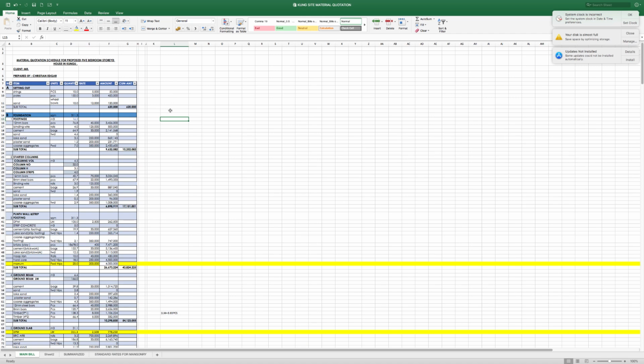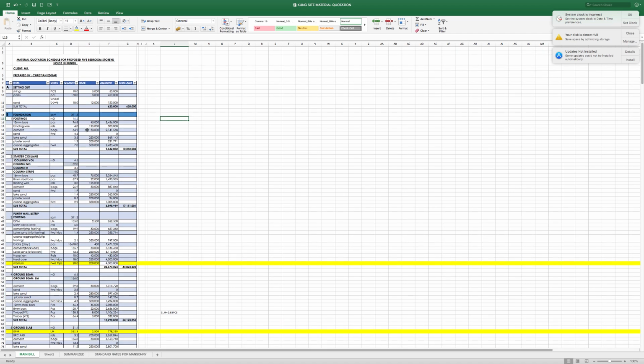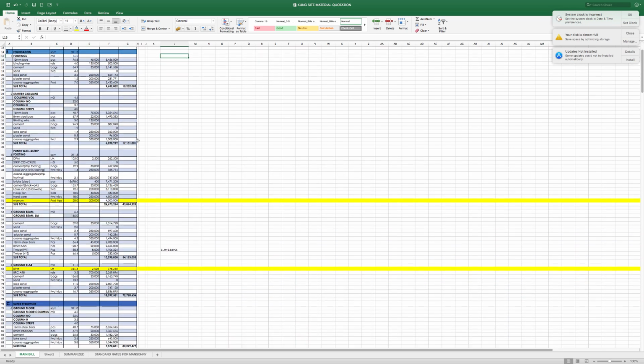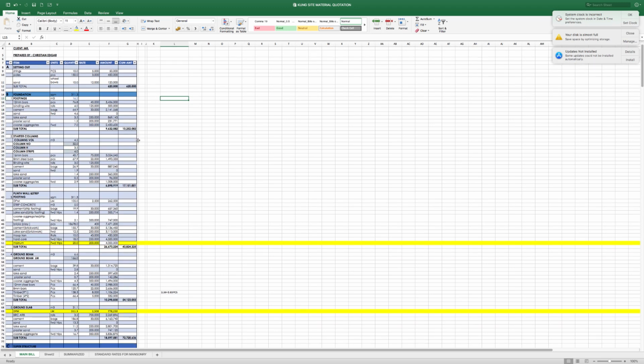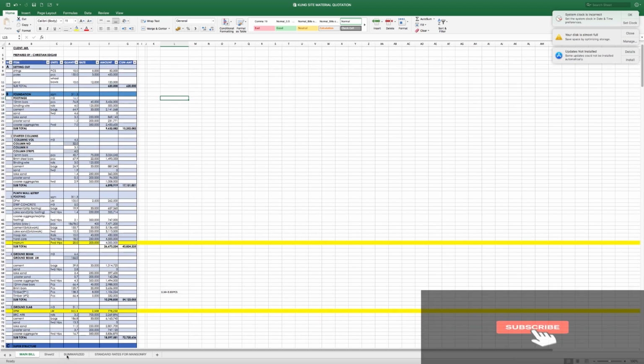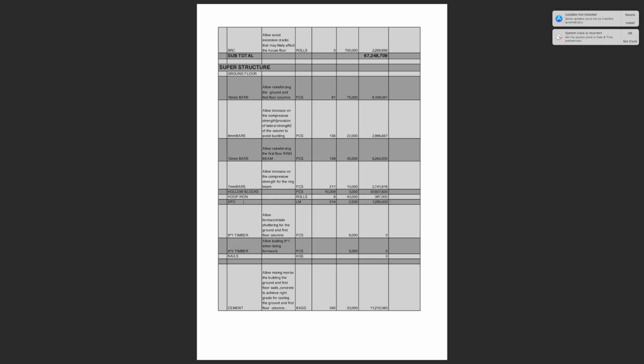So this is a material schedule, and it has all the materials broken down in detail on every phase. But going through this one we may spend quite a long time. So we decided to summarize the quote into 2 building phases that we go through while building a shell.